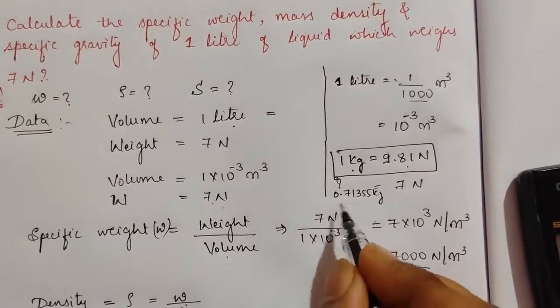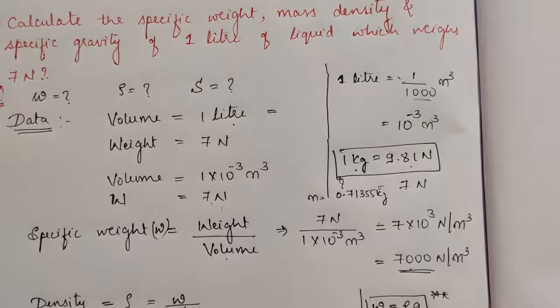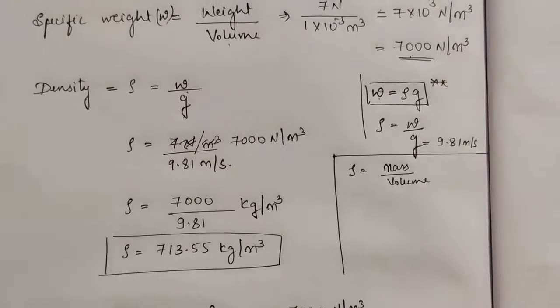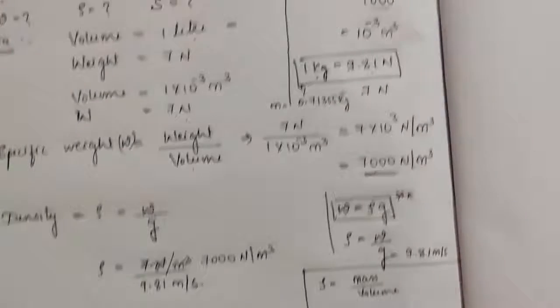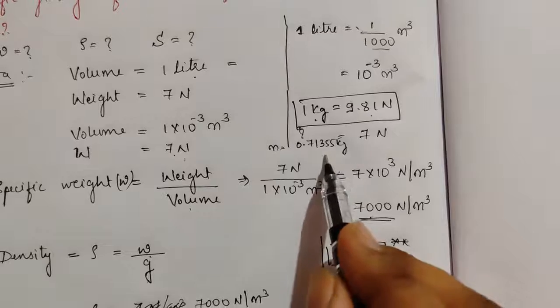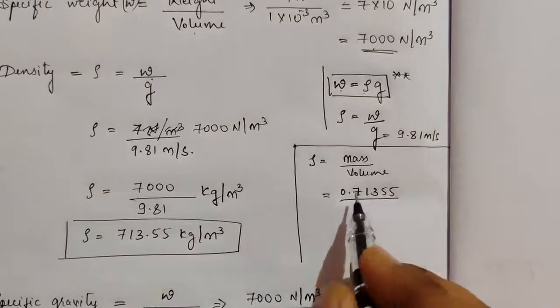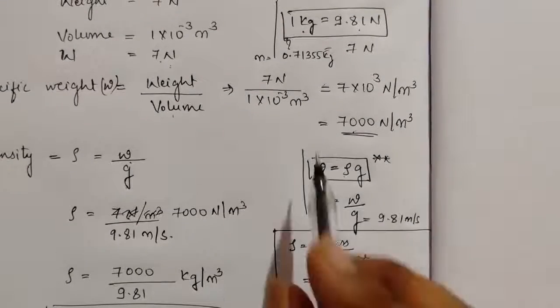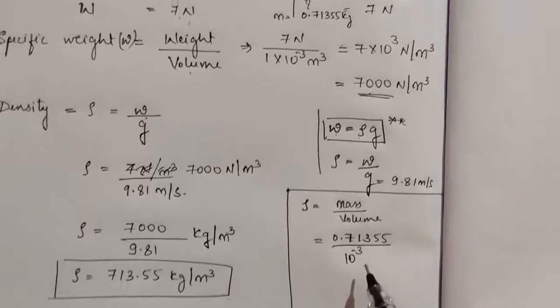Now I'll take the mass. Mass is dependent on gravity, so some gravity factor comes into the picture. So mass is 0.71355, divided by the volume. Volume is 10 power minus 3, correct?